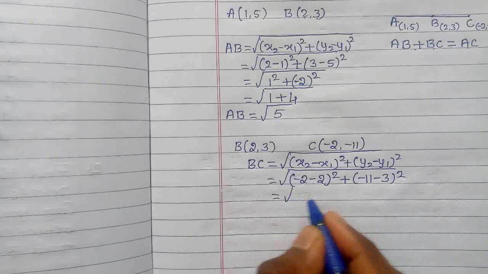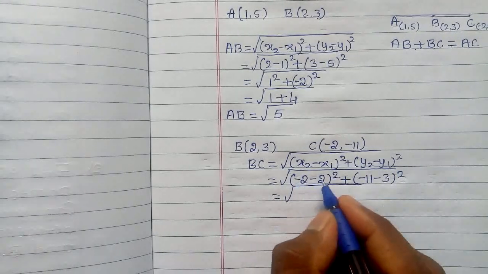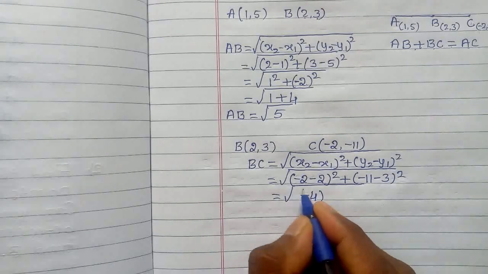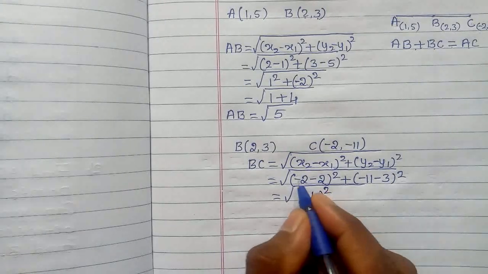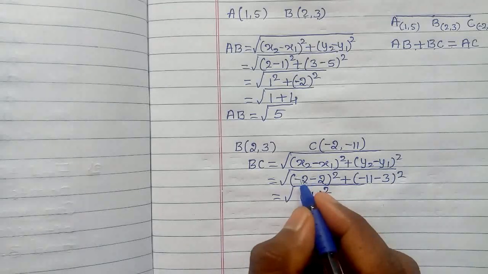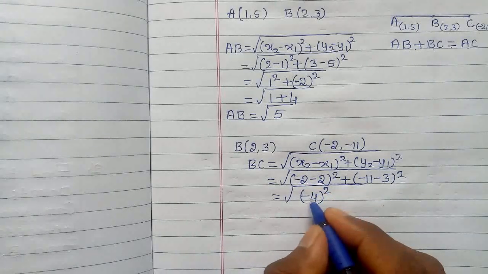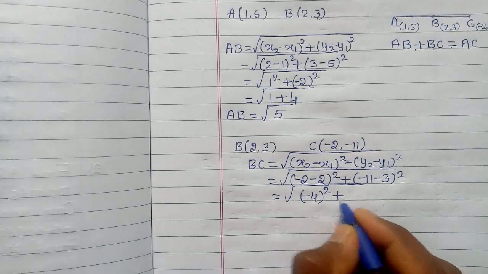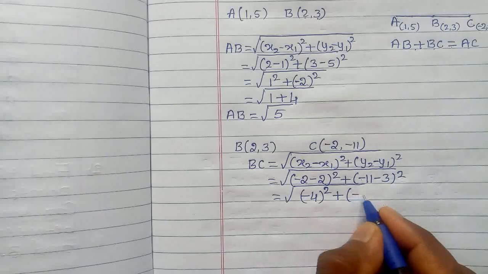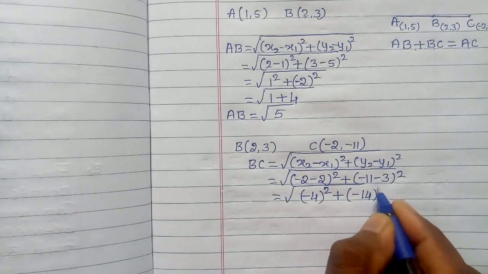Then square root of minus 2 minus 2 is minus 4 whole square, because if two numbers have the same sign, then add and put the same sign. Then minus 4 whole square plus minus 11 minus 3 is minus 14 whole square.